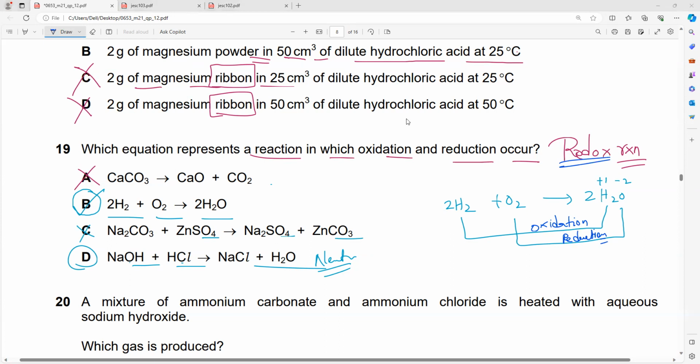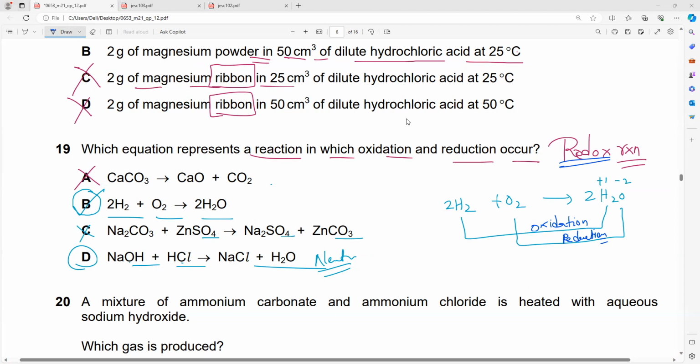I have taught you many examples, like formation of zinc chloride and hydrogen gas, formation of copper nitrate, and many other things we have studied. So please look into that part.